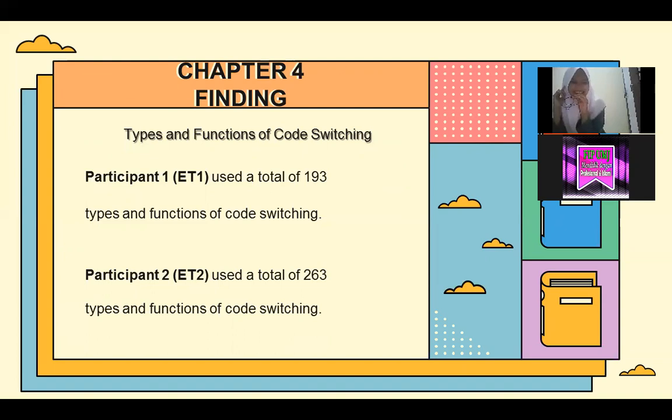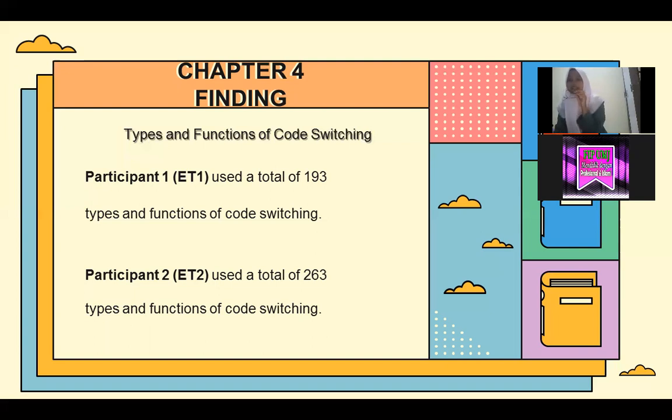You mention in part one a total of 193 types and functions of code switching. So is 193 for the types only, or for the function? How many for the types, and how many for the function?